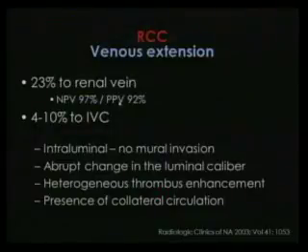Usually, these tumors going into the IVC are in the lumen, not in the wall of the vessel. We can see abrupt change in the luminal caliber. We can see heterogeneous enhancement, and also the presence of collateral circulation.